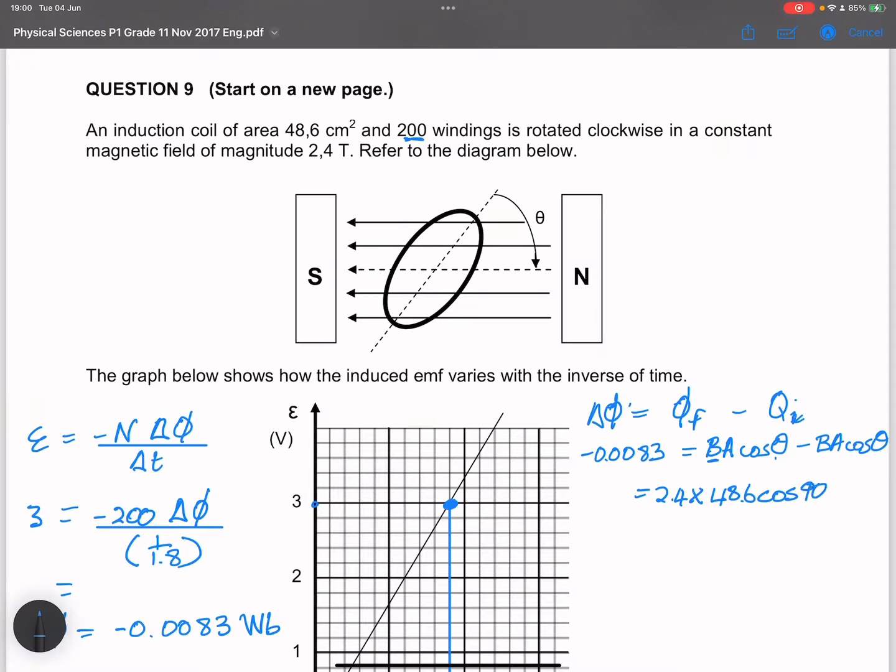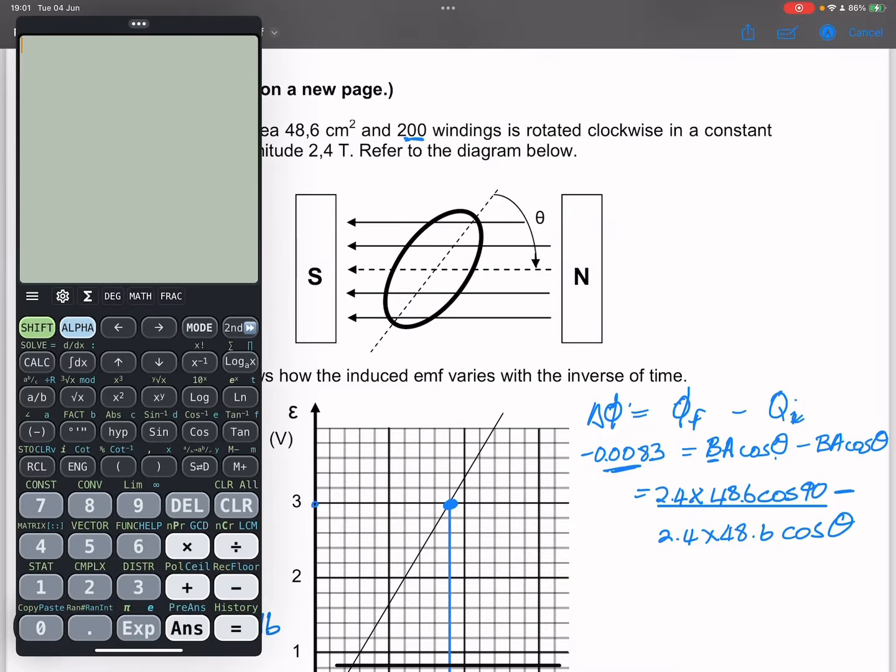So this will be cos of 90 minus, initially we'll have 2.4 times 48.6, the cos of angle theta, which is the unknown angle that we're looking for. And we know this will give us negative 0.083. Right, now notice, ladies and gents, we know that cos of 90 is 1. Okay, so let's try to deal with that. So we know we're going to deal with this first.